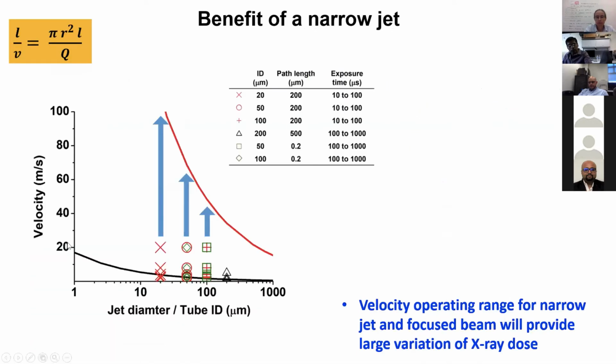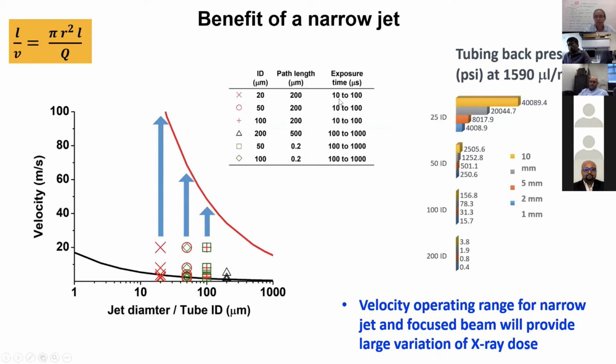If you just do a linear plot, you see there's a large variation of speed we can do, so the dynamic range of the exposure time will be higher. You can go for many, many fold exposure from the starting point, so you have better kinetics and better quality data. But we also have to remember that when you go for a narrower ID, you increase the back pressure.